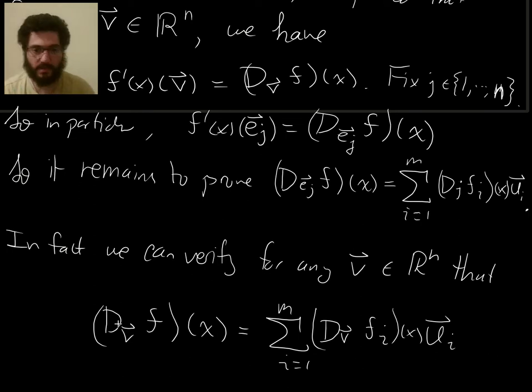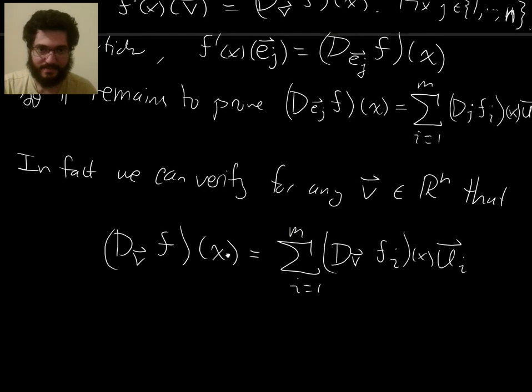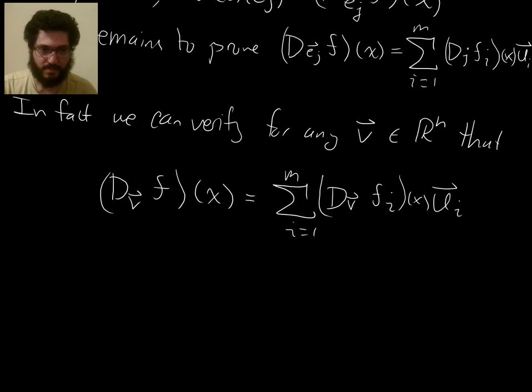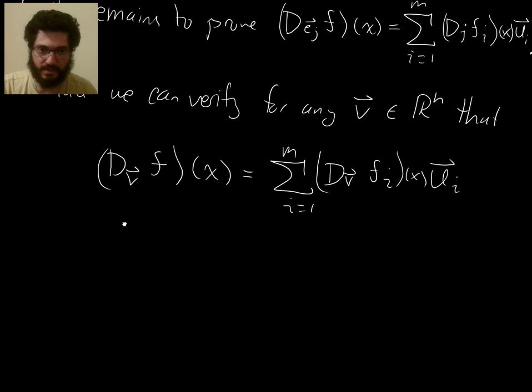So let's just get this clutter e sub j out of the way and just focus on an arbitrary v. We should be able to do this. So let's work on trying to prove this.